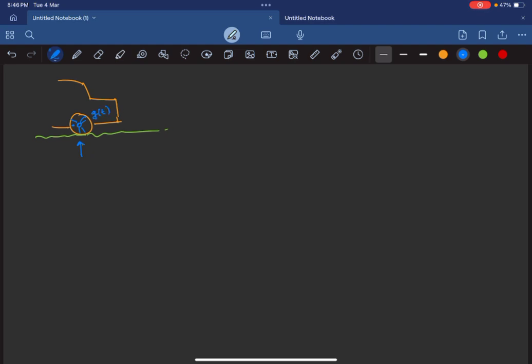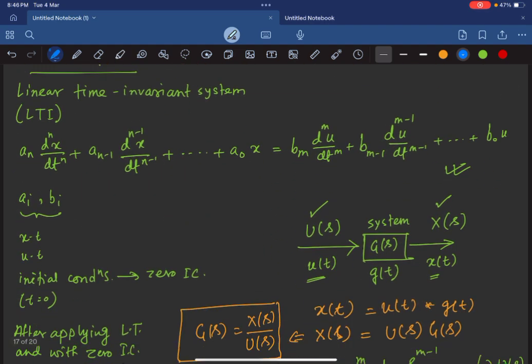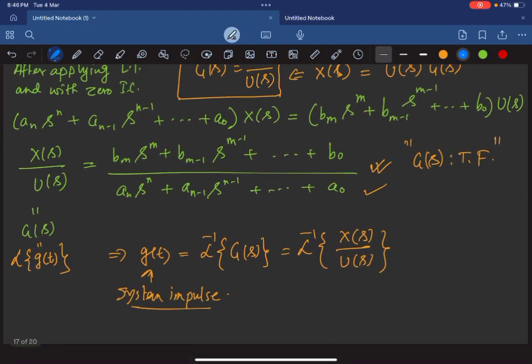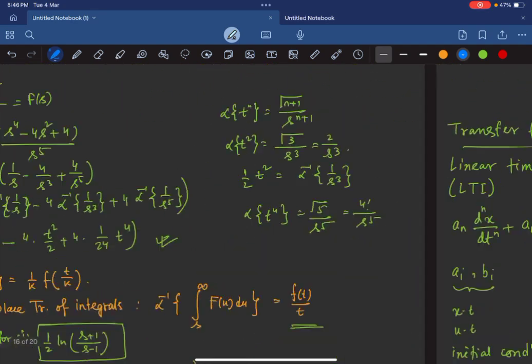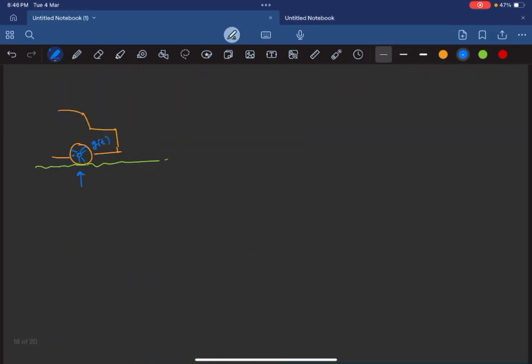Some impulse, that is g(t). Suppose u(t) is the input, and the output here you have x(t).